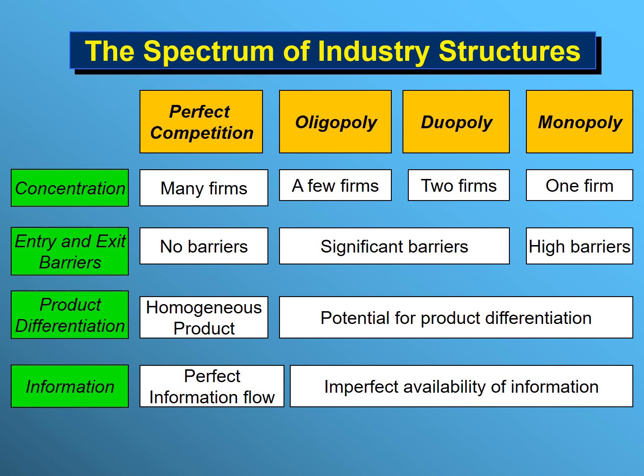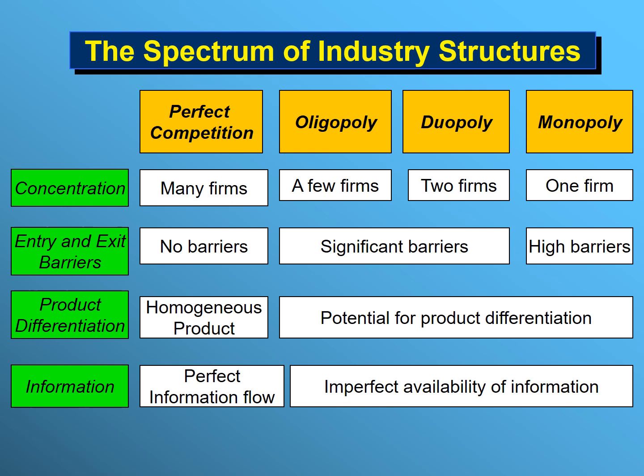In duopoly, there are two firms only which are competing with each other, and significant barriers are there. Each and every firm tries to differentiate its products so that they can compete with each other, and there is imperfect availability of information.